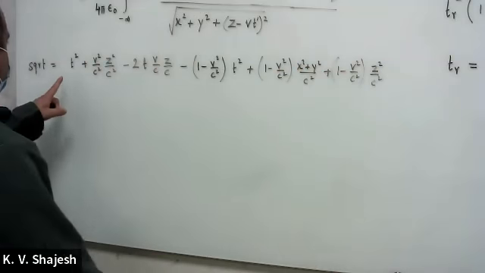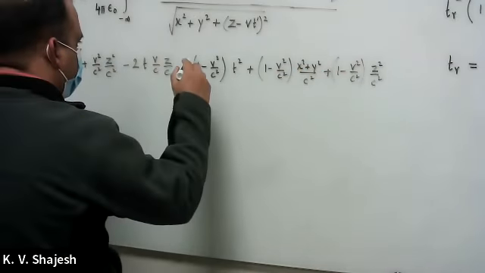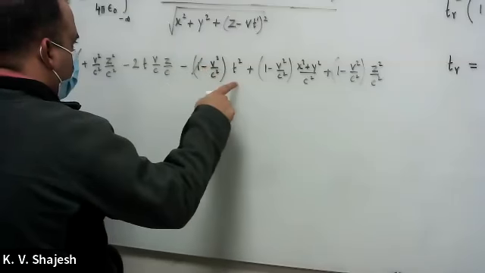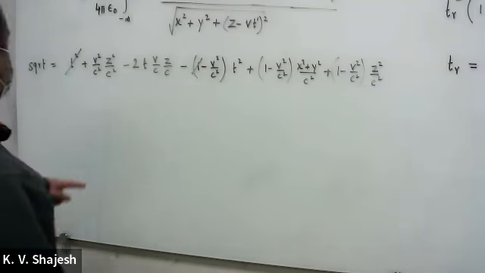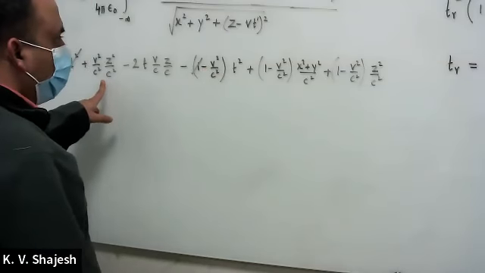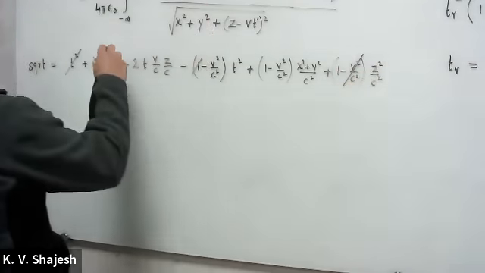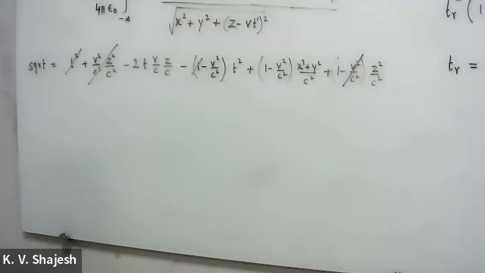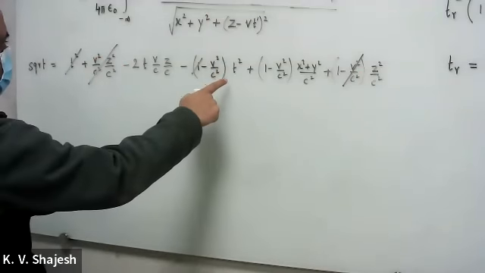Notice there are some cancellations. This t squared apparently cancels this one here because minus t squared is there. And v squared over c squared, z squared over c squared, that cancels this term here. And whatever is remaining, let me collect them together.